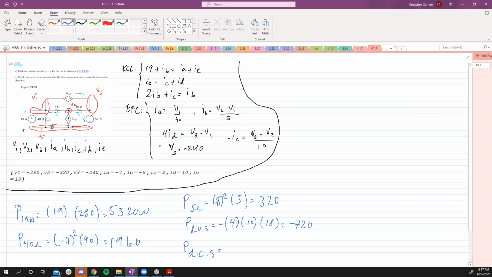It's negative 320. Current's going in, so we consider this positive. And then we have 2 times IB. IB is negative 8.